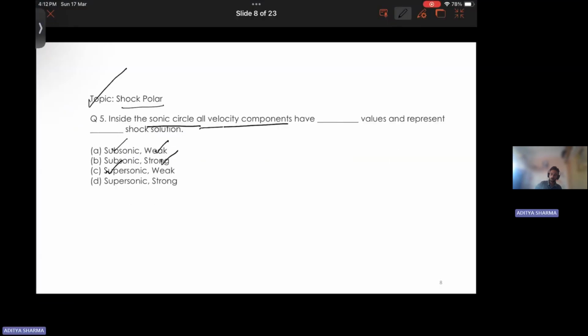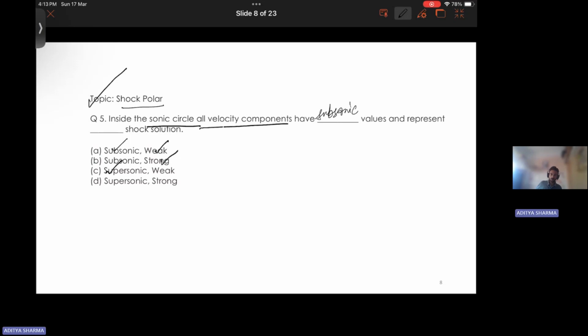So now if we come to our question, inside the sonic circle, all velocity components have subsonic values. Obviously, it will be subsonic because the whole radius is of unity.